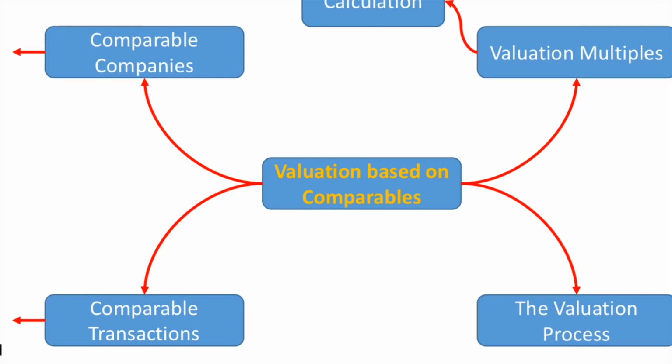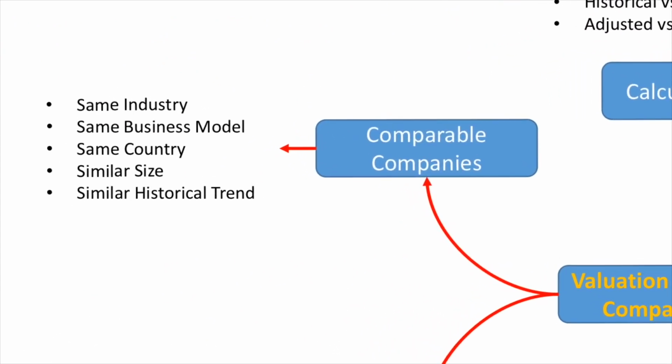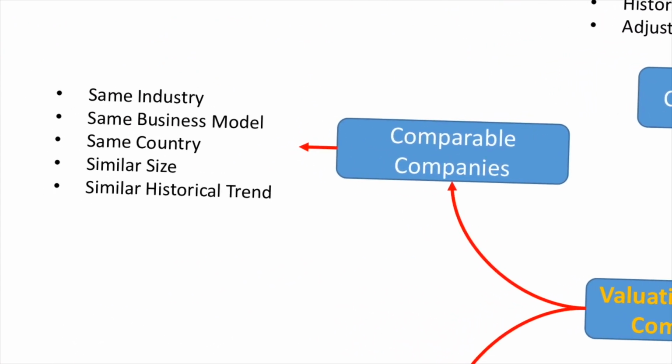So the first thing that we're going to do is basically to define what is a comparable company. And we will say something like, look, a comparable company is a company that operates in the same industry, for example, a company that has the same business model, maybe a company in the same country of similar size, similar historical track record.